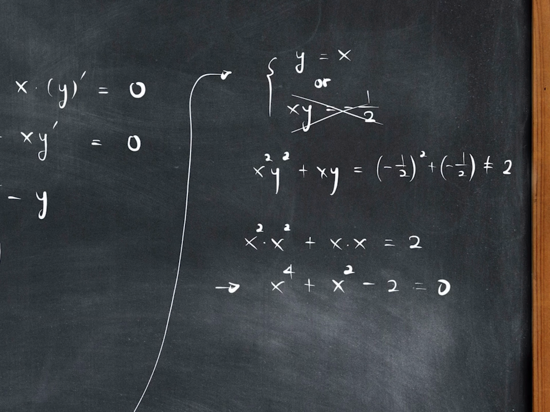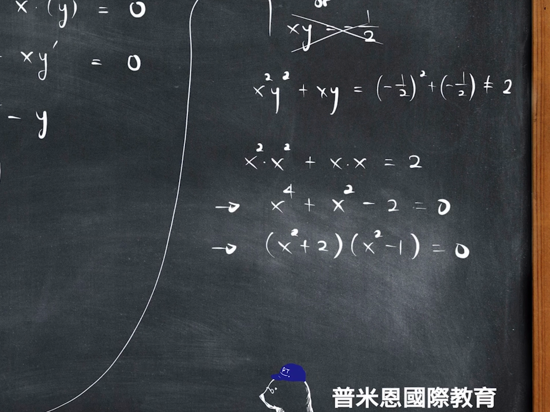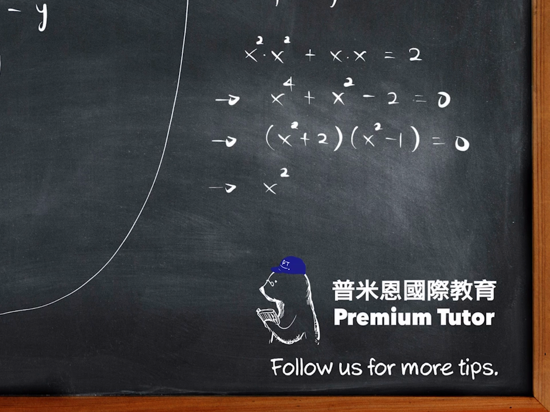It just looks like a quadratic equation, so we factor it: x squared plus 2 times x squared minus 1 equals 0. That means x squared has to be equal to 1, because x squared cannot be equal to -2, right? So x squared equals 1, x equals positive or negative 1.